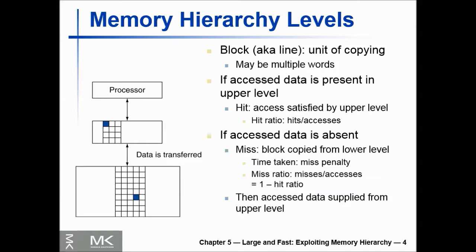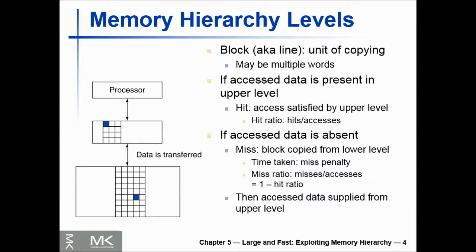A hit is said to occur if data appears in some block in the upper level. Hit rate is the fraction of memory accesses found in the upper level, and hit time is the time to access the upper level, which consists of RAM access time plus time to determine hit or miss. A miss is said to occur if data needs to be retrieved from a block in the lower level.